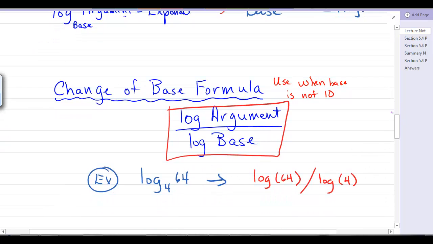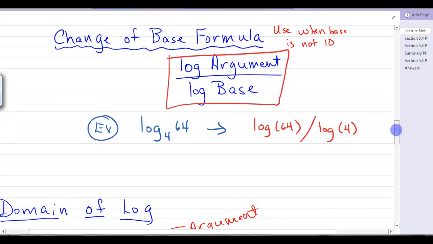Sometimes you'll be asked to find the log base 7 of a number. You can't do that on your calculator with just the log button because its base is 10. So here's a change of base formula. You can do log of the argument over log of the base. So let's look at this. Log base 4 of 64. We would do log 64 divided by log 4.